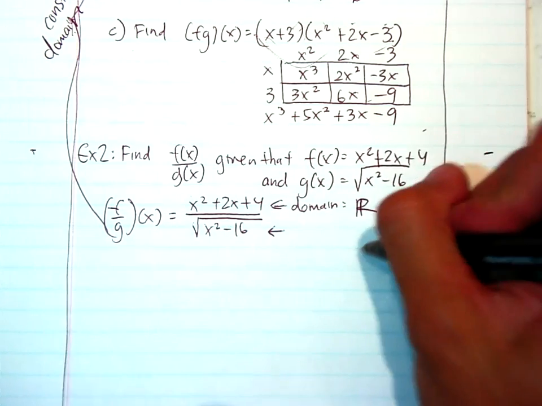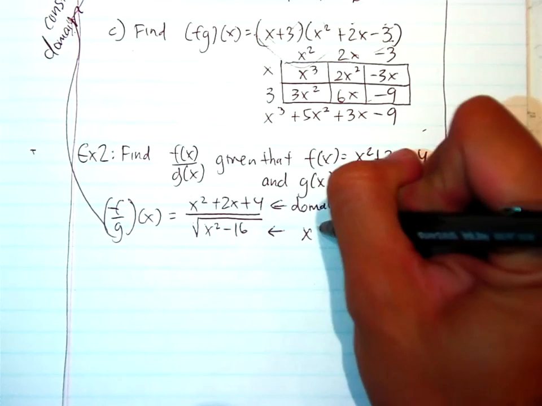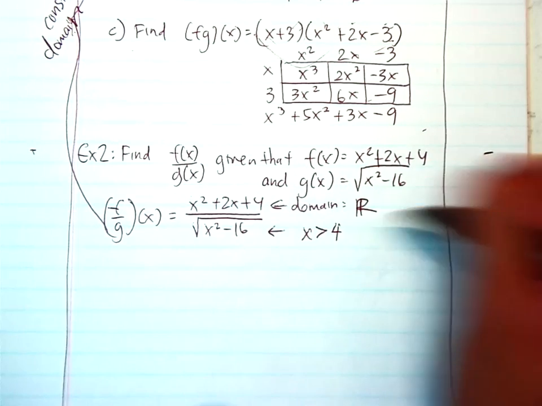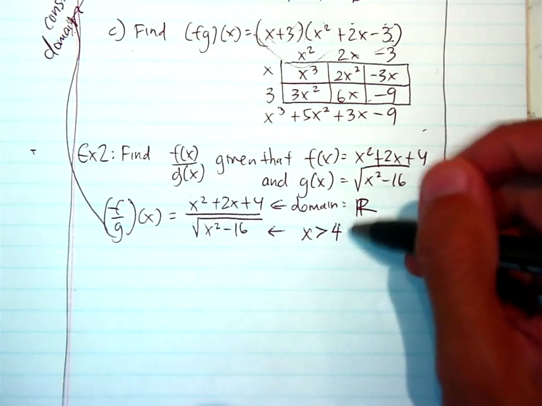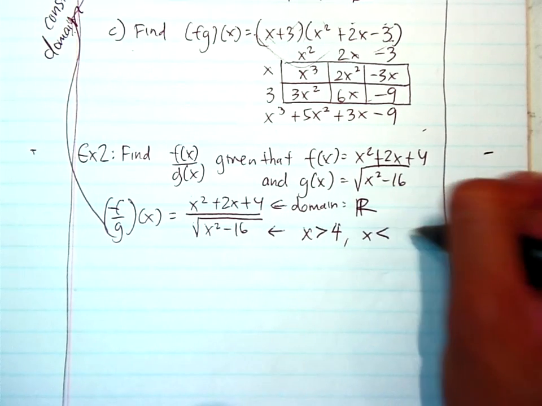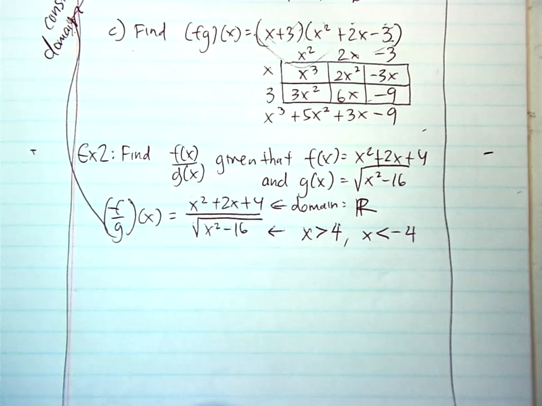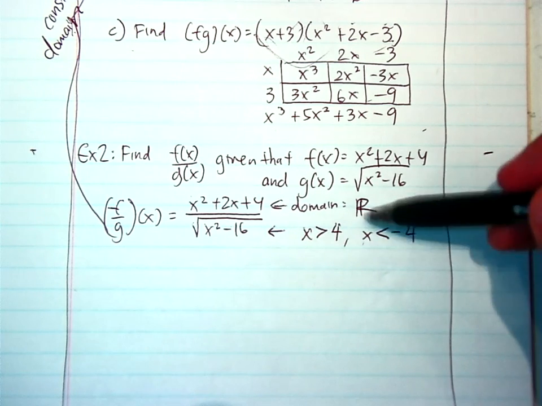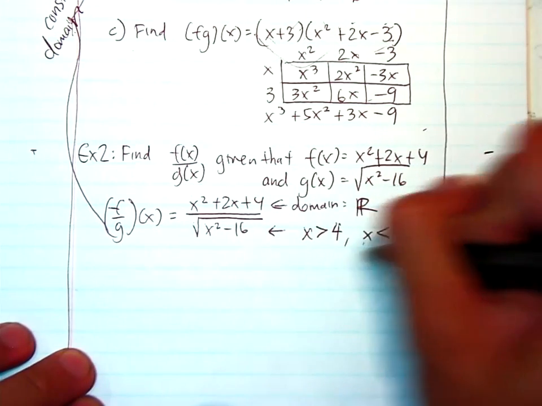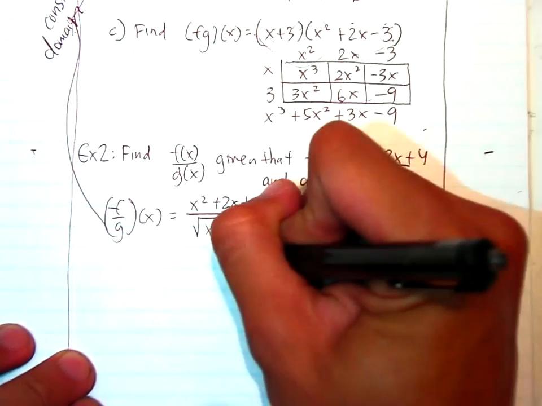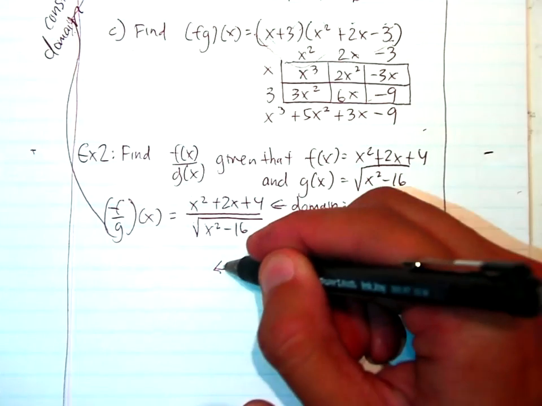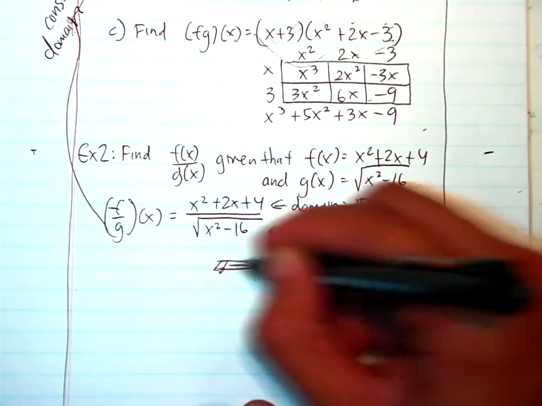So therefore, I know x has to be greater than 4, and it can't be equal to 4. I also know that x has to be less than negative 4. Okay, so I know these are my two domains, and the important thing is, I need to find the intersection of the two domains. So if I look at a number line, and I consider this domain is all real numbers, meaning it's every number between here and here.